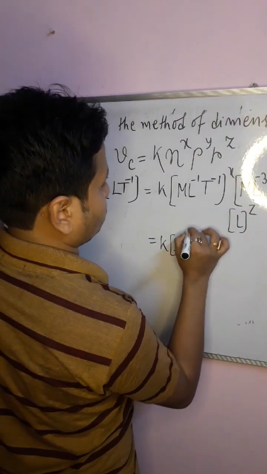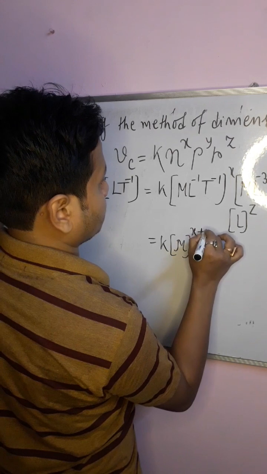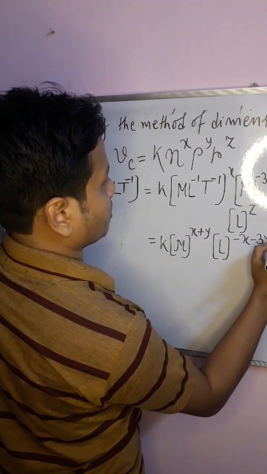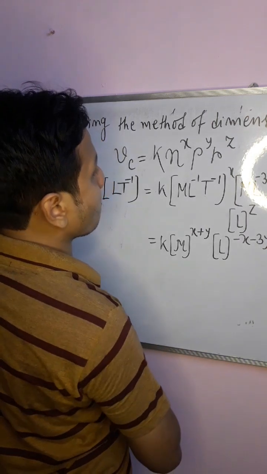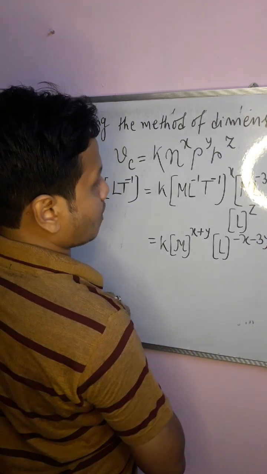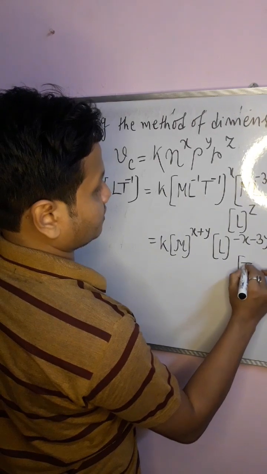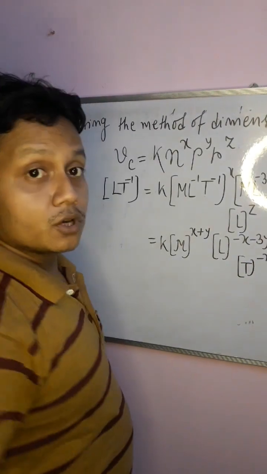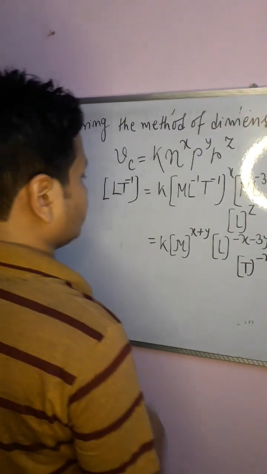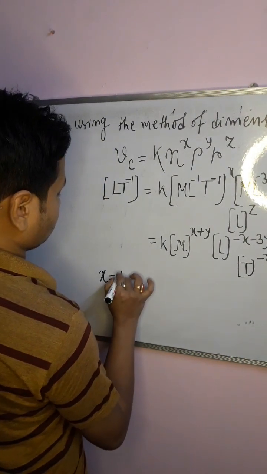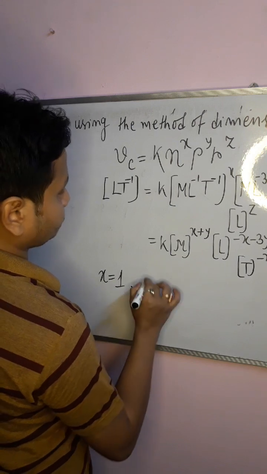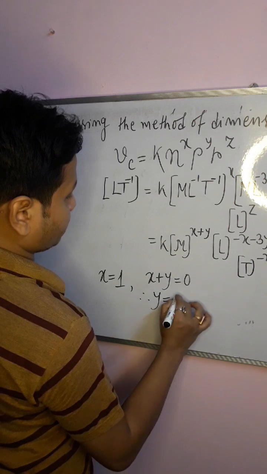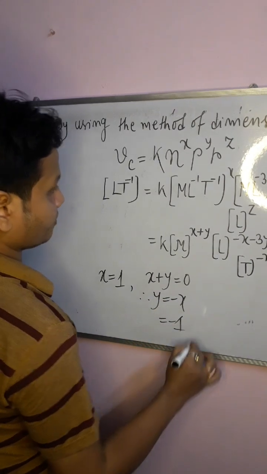This gives M to the power x plus y, L to the power minus x minus 3y plus z, and T to the power minus x. Now if we compare the dimensions on both sides, we see that x equals 1, and x plus y is 0, that means y equals minus x, which is minus 1.